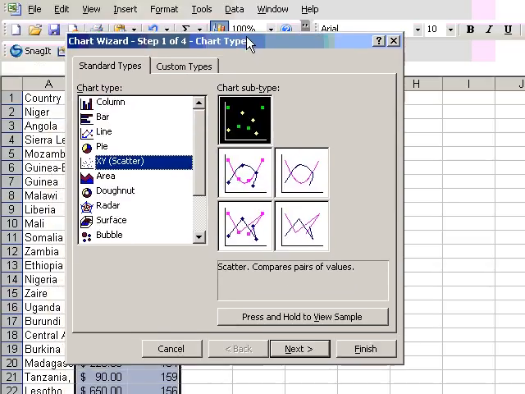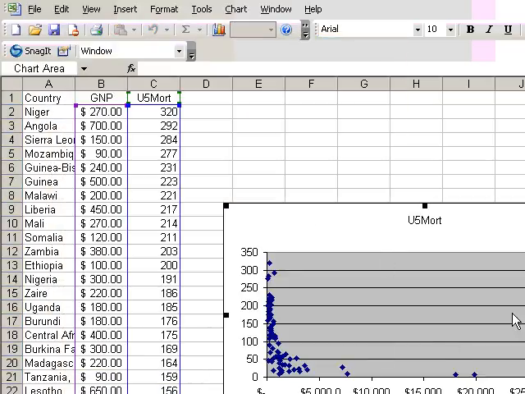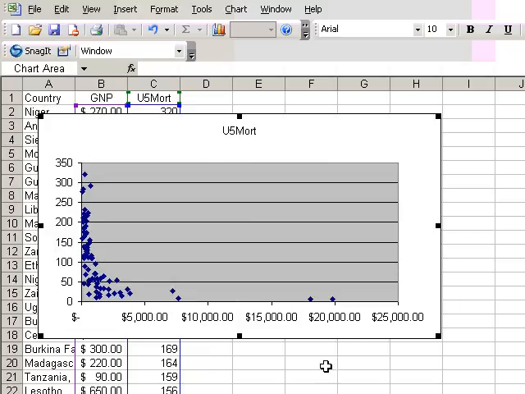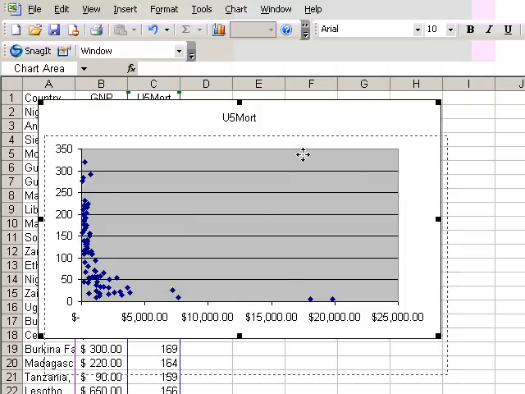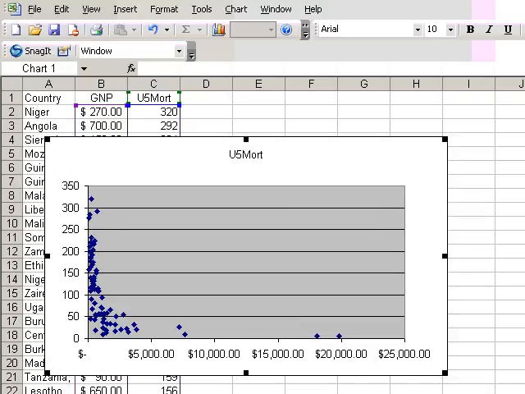Scatter chart. When I finish this, I get this graph, which is basically a nonlinear relationship. One way to try to fit a regression equation to a nonlinear relationship, particularly if it's a curve that makes only one change of direction, as the curve through this line would, is to use a second-degree equation.